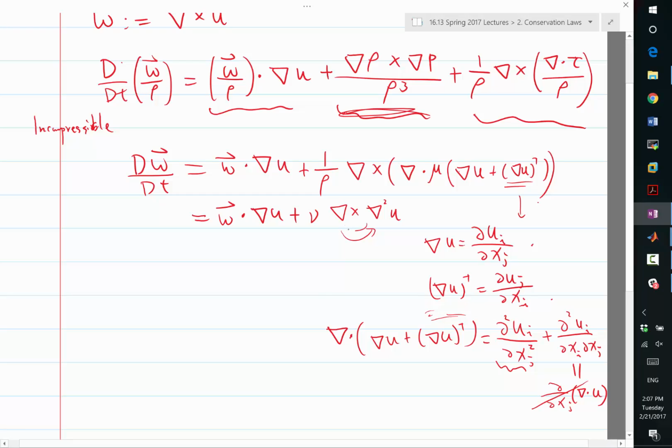And these two can commute, right? Because they are both Eulerian derivatives. So this is basically the Laplacian of omega itself. Okay. So now these two terms left over are the two terms that apply for incompressible and compressible flows.